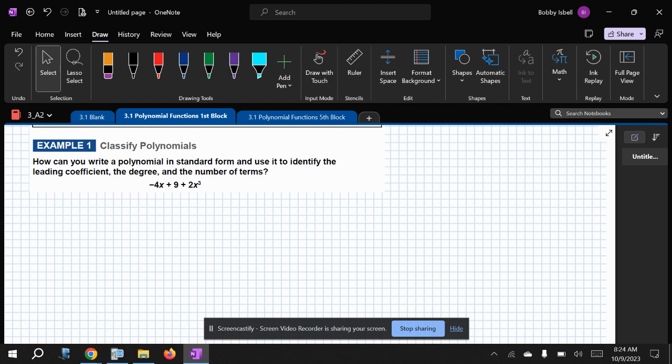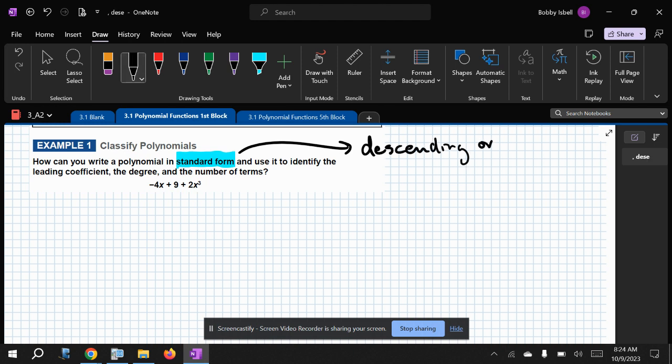Okay, so standard form. Standard form is descending order by powers of x. Okay? So what is the highest power of x in example 1 there? 2x to the third.